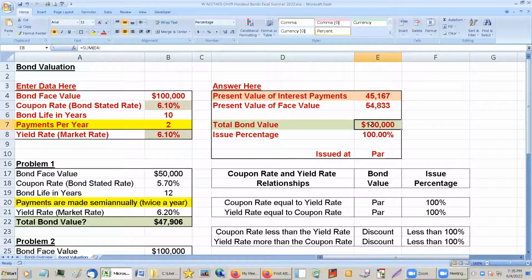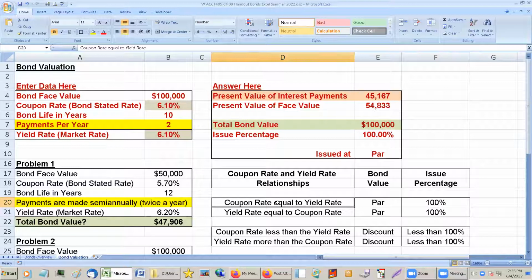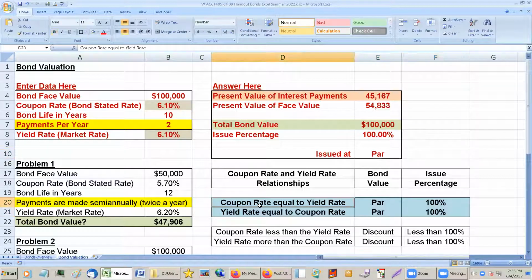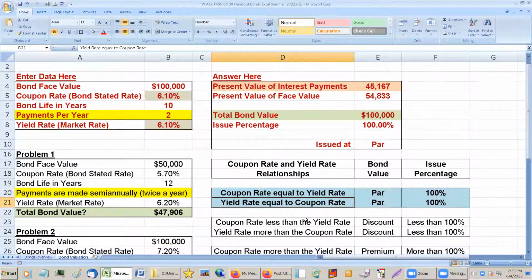It'll sell at whatever the face value is. Okay, so that's when these two come in. Now you'll notice that these are exactly the same thing. Coupon rate equal to the yield rate equal to the coupon rate. Okay, exactly the same thing.